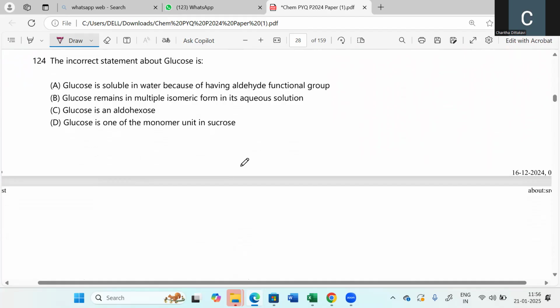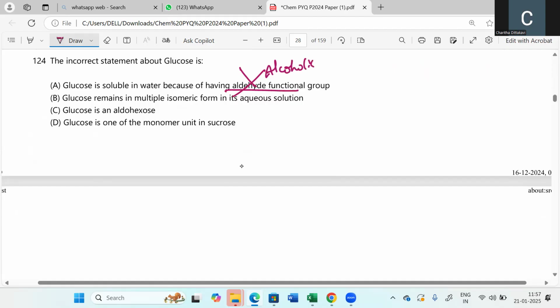Then the incorrect statement about glucose. They are asking for the incorrect statement. Glucose is soluble in water because of having an aldehyde functional group. No, glucose is soluble because of the presence of alcoholic functional groups. Please correct your statement.